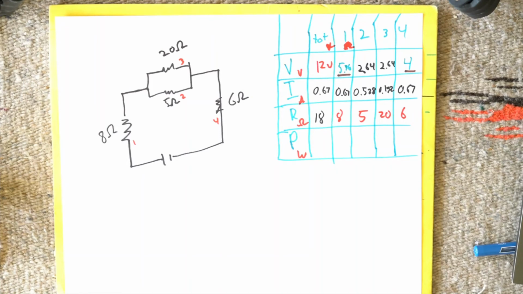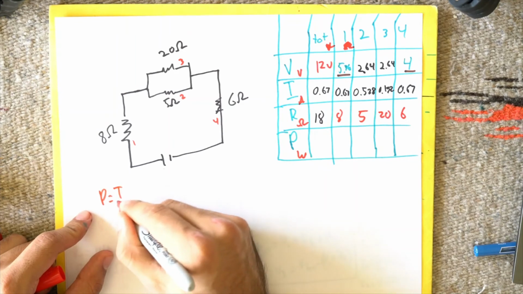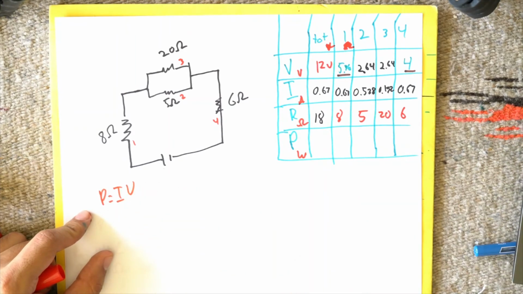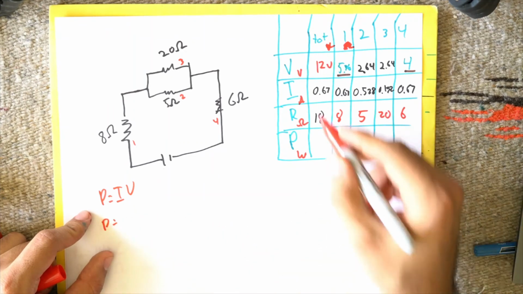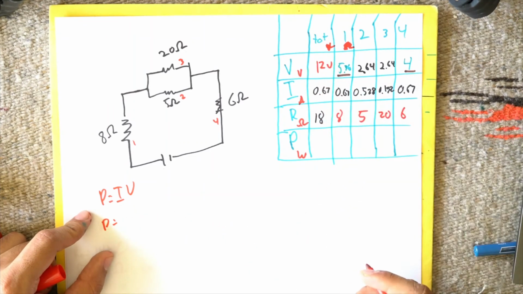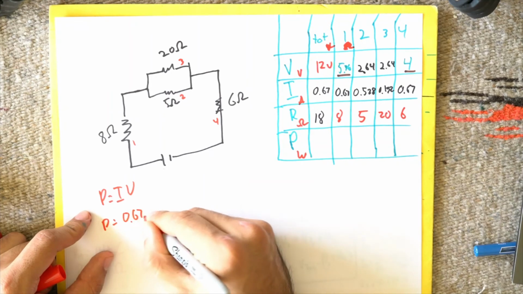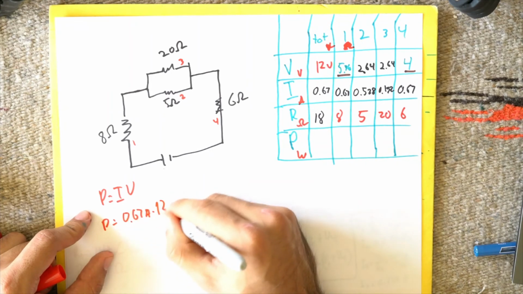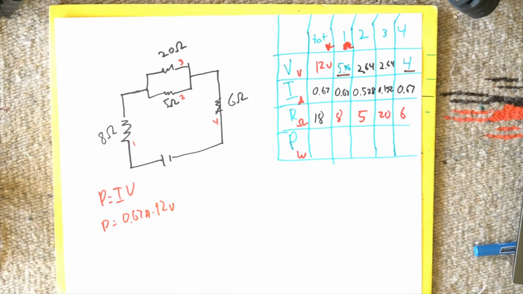Okay, so remember the equation for power, from my old professor, is P equals IV. There are multiple equations, but this is my favorite. So power is going to equal I times V. Simple enough. So 0.67 amps times 12 volts. So 2 over 3 times 6, 36.